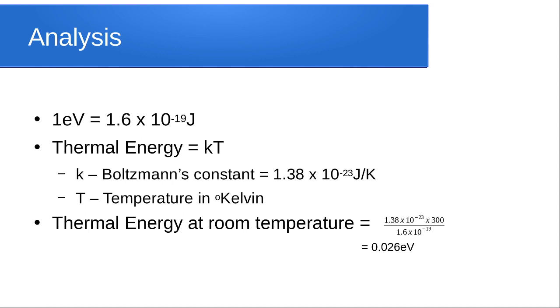The energy band gap of silicon is 1.1 electron volt. 1 electron volt is actually equal to 1.6 into 10 raised to minus 19 joules, which is the energy of 1 electron volt in terms of joules.